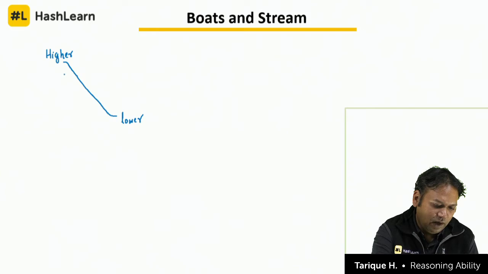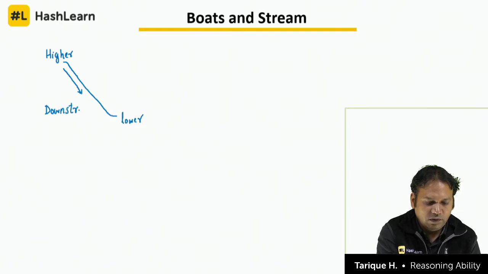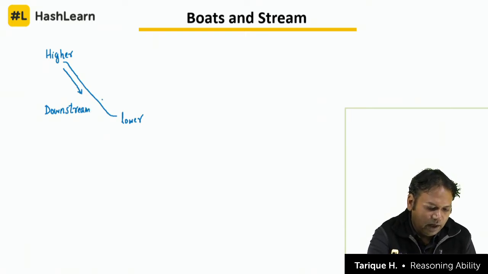So if you are going along with the flow of the water, that is called going downstream. So in boats and stream we have two concepts. One is downstream, that means you are going along with the flow of the river, and if you are going against the flow of the river, that is called upstream.